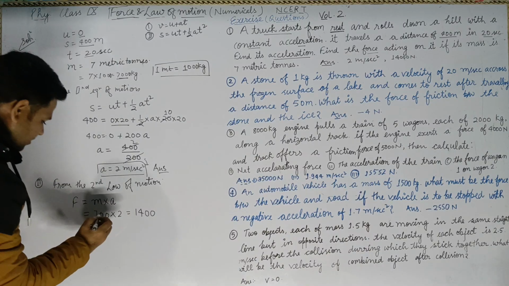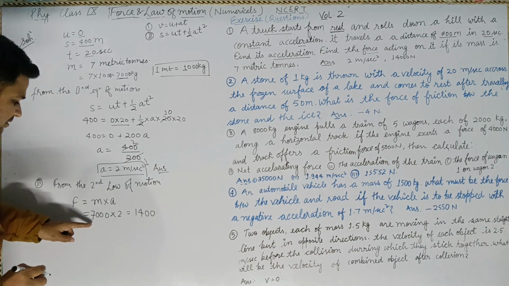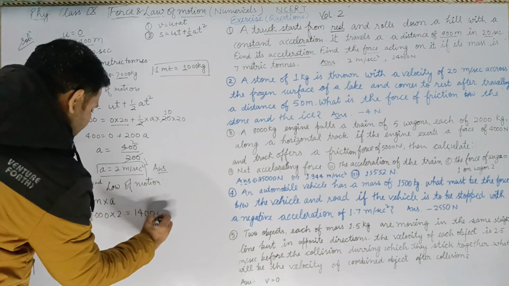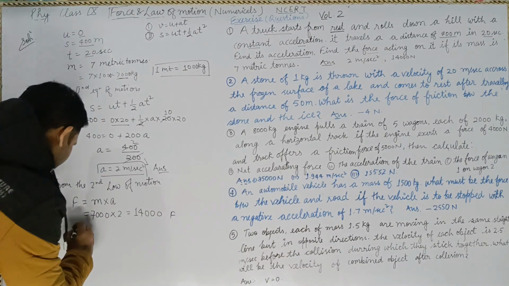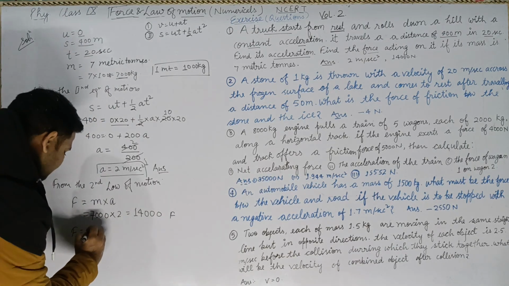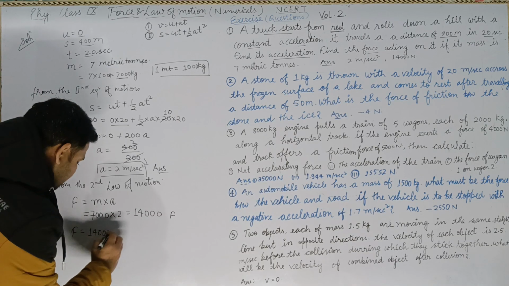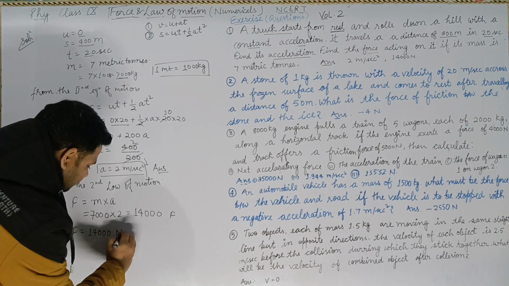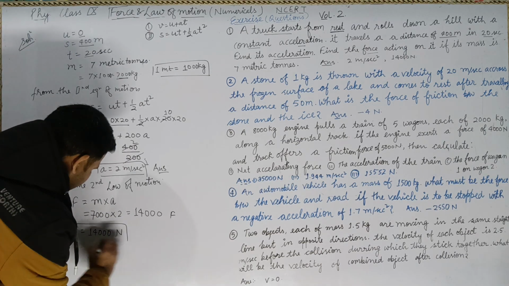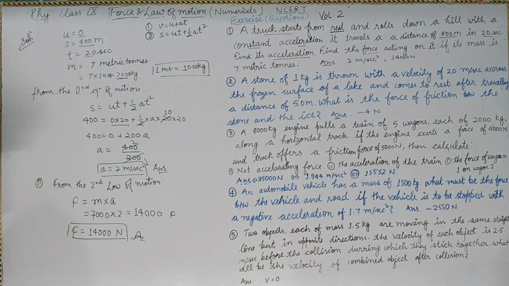So we put the value here, 7000 kilogram. So 7000 into 2, the force will be 14000 Newton. The force which acts on the truck is 14000 Newton. So it is the solution of this question.